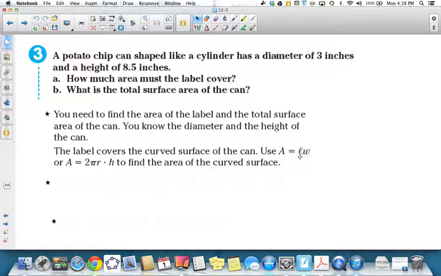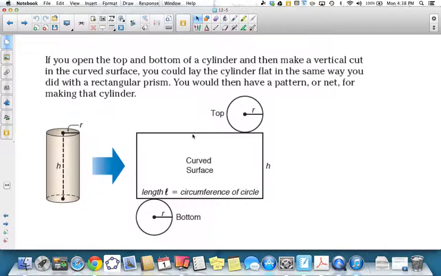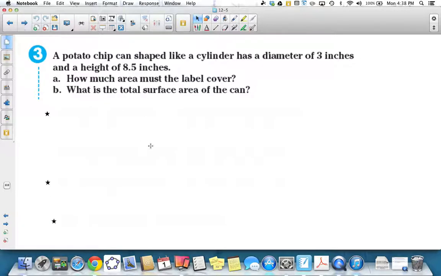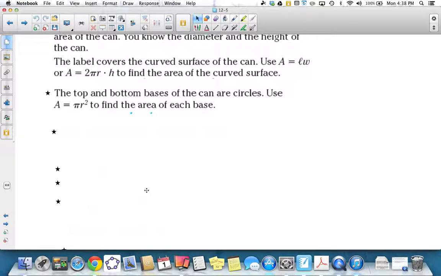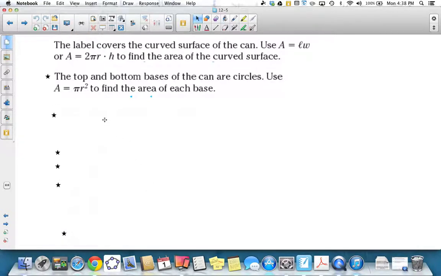Because the length, as we talked about, is the circumference of the circle, which is 2 pi r, and the width is the height of our cylinder. So this is the width and this is the length. The top and bottom bases of the can are circles. We simply use the formula area equals pi r squared to find the area of each of the bases. Then add to find the total surface area.